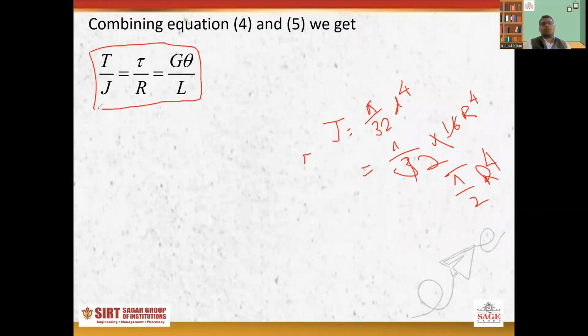This is a very important equation to get the different values on the shaft if it is subjected to torque T, and many other parameters of the shaft can be calculated by using this equation.